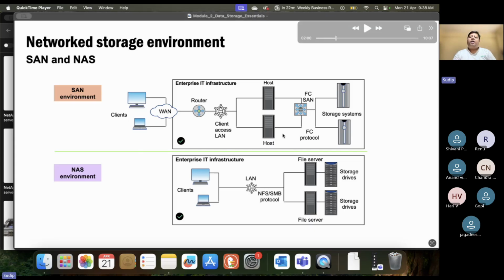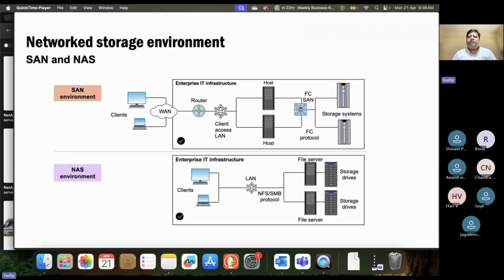One thing you will have to understand, and this is going to be the primary difference between a SAN and a NAS. Listen to me very carefully.